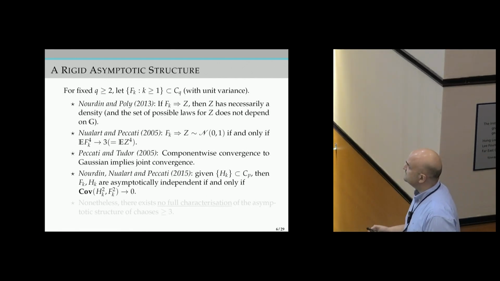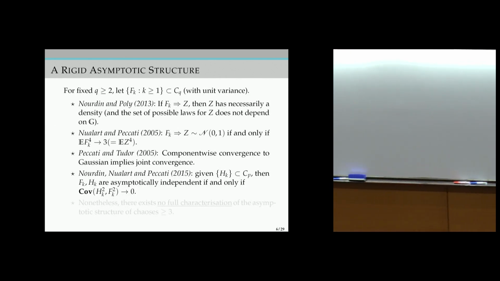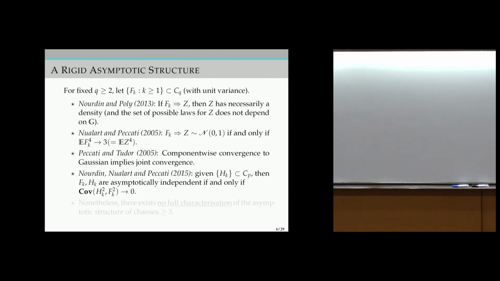And then there is another result that we were never able to connect properly with Stein's method: if you have sequences of random variables that live in chaoses, one in the chaos of order p and the other one in the chaos of order q, then these two random variables are asymptotically independent, irrespective of the limit distribution, if and only if the covariance of the squares converges to 0.